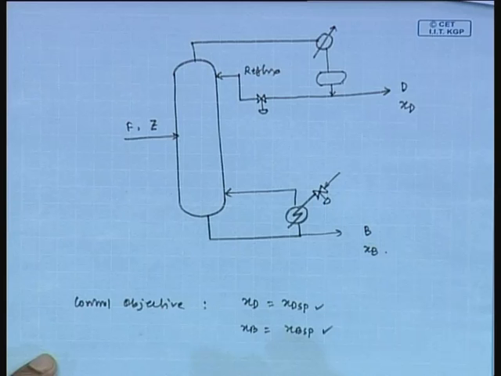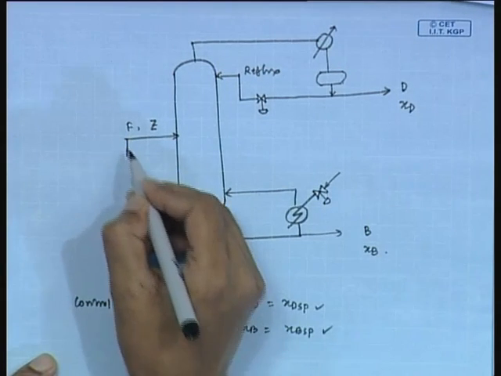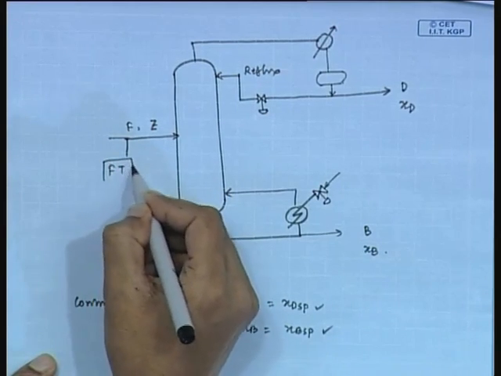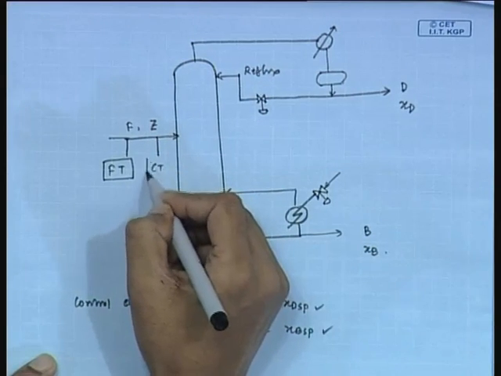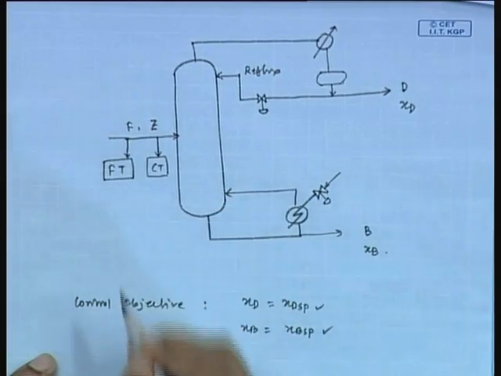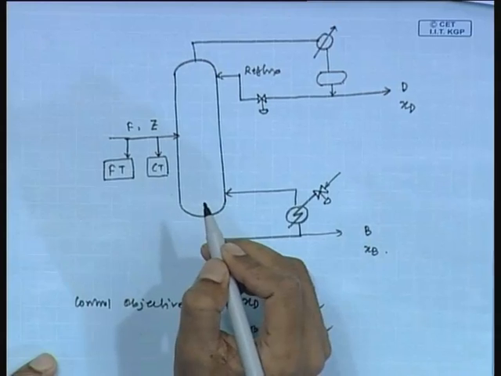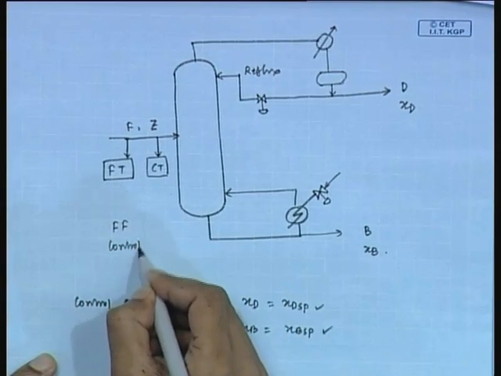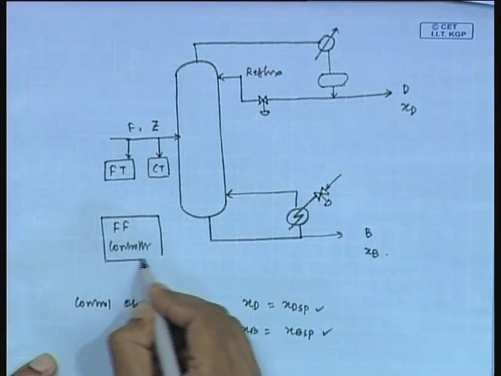So, what are the disturbances involved here? One is feed flow rate, another one is composition. So, we can use flow measuring device FT and composition measuring device CT. Then one block is included for the feed forward controller.